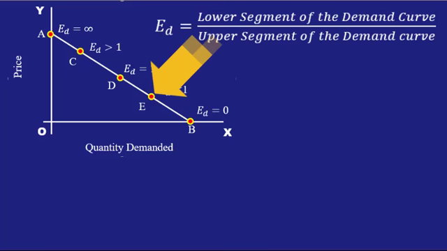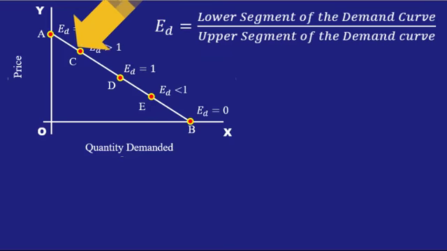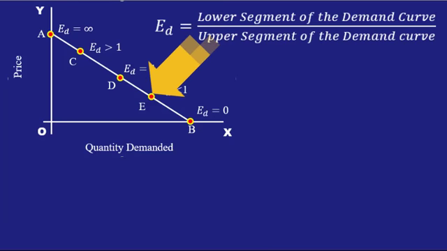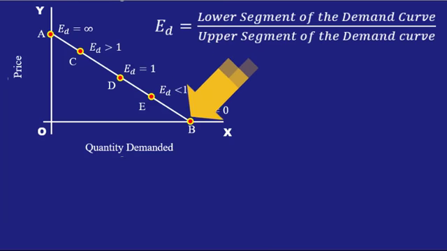That which lies to the left of the point is the upper segment of the demand curve. That which lies to the right of the given point is the lower segment of the demand curve. Well, with this, we shall move on to how to measure elasticity at different points.